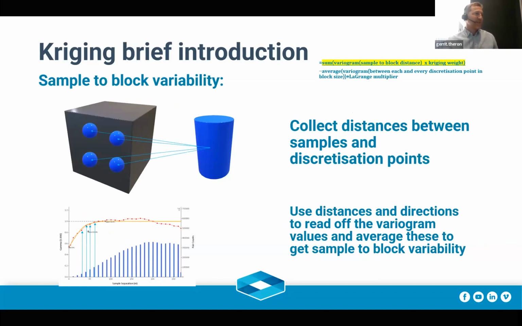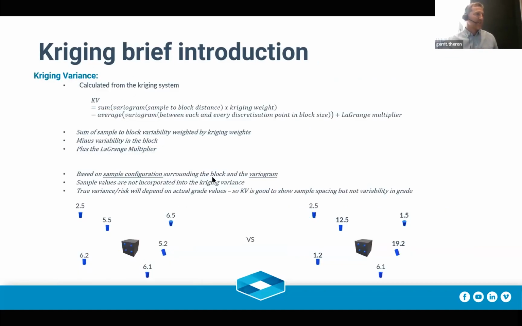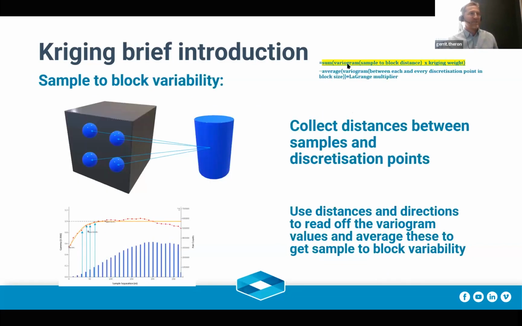If we just quickly break down this Kriging variance equation further, there are 2 parts to it. The first part is the variogram values of the sample to the blocks times the Kriging weights. Basically, how that's calculated is we collect the distances between the samples and the discretization points. We use the distances and read off the variogram values, and we get an average to get the sample to block variability.